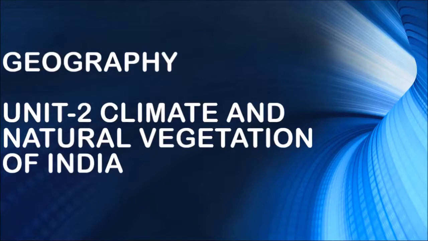And today in this e-learning session we are going to discuss social studies, geography unit 2, that is climate and natural vegetation of India. What is the lesson name today? This is unit 2 from geography, climate and natural vegetation of India. In this lesson, what are we going to discuss first?